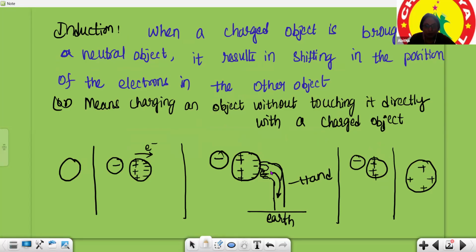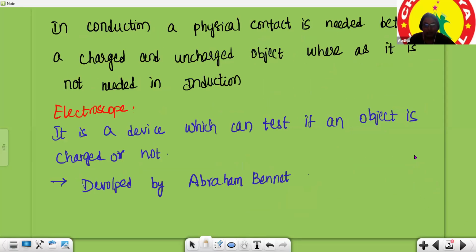When you touch it with your hand, the excess electrons which are not required now go to the ground, and positive charges are left, which are finally equally distributed. This is what induction is. In conduction, physical contact is needed between the charged and uncharged object, whereas in induction it is not needed. Still, you are making a charged object.